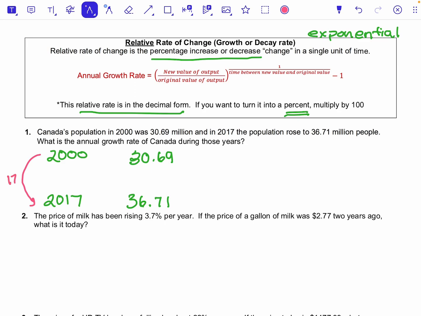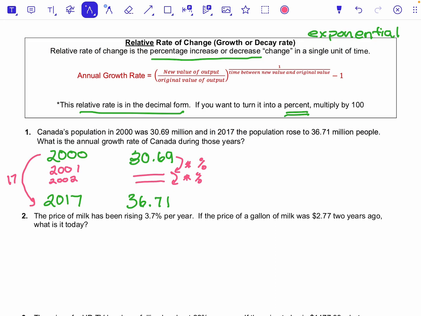And if we're thinking about this as a relative rate of change, what that would mean is, okay, it's the year 2001, and if I multiplied this by some percent value, I would get a new population. And in 2002, if I took that new population and I multiplied it by the same percent value, that would get me a new population.